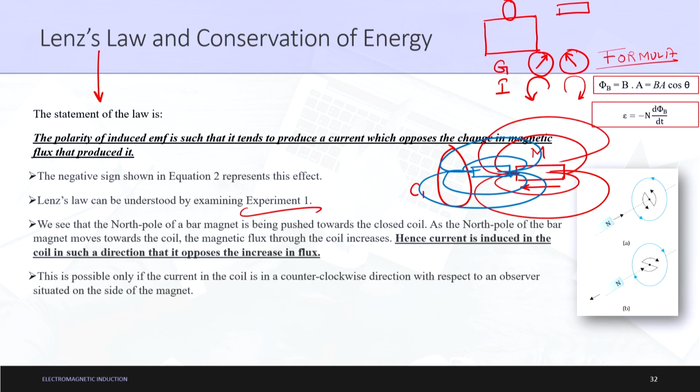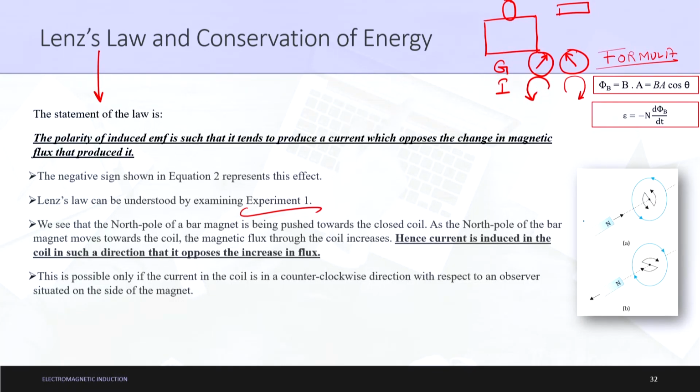Hence the current is induced in the coil in such a direction that it opposes the increase in flux. So if the coil increases the current in some direction, it tries to oppose it, so that the energy is conserved. This is the only concept of Lenz law.